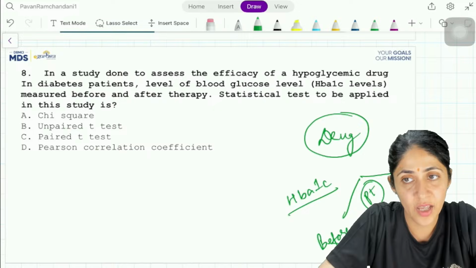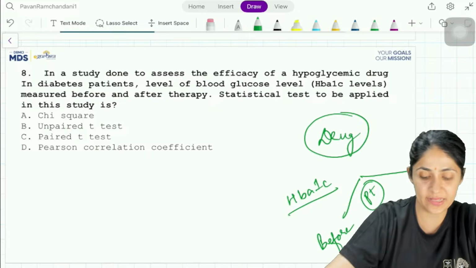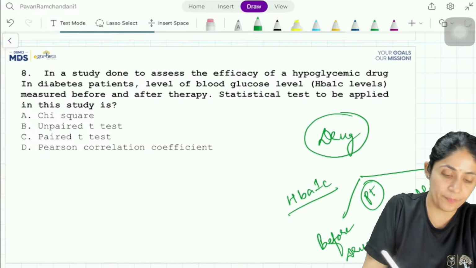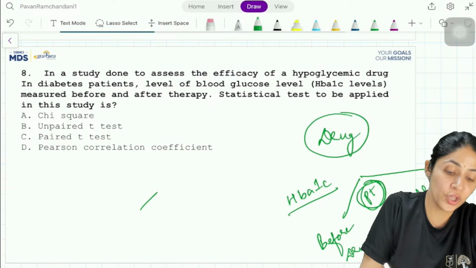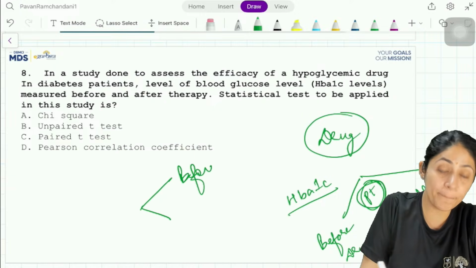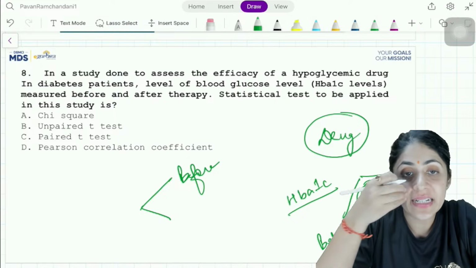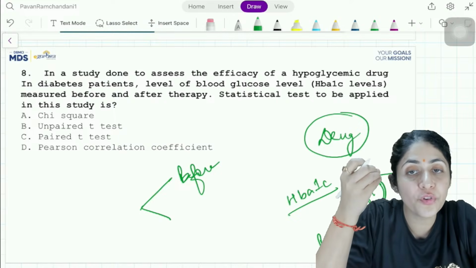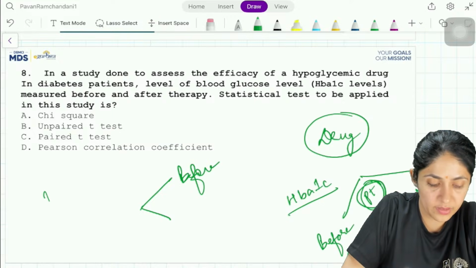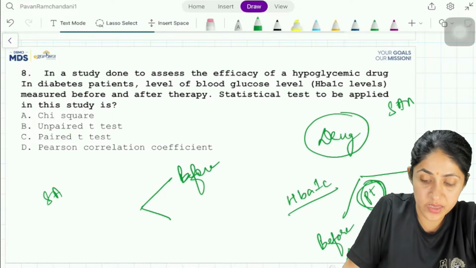The sample is the same, the patient is the same. You are taking a pair of observations, before and after, from the same individual.